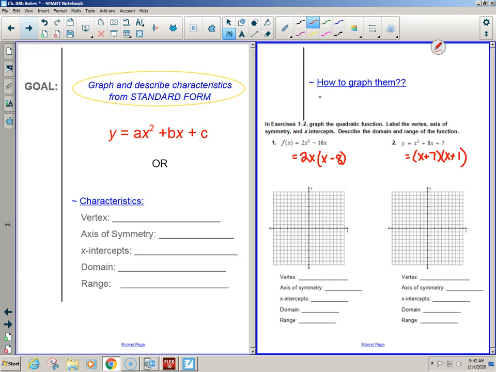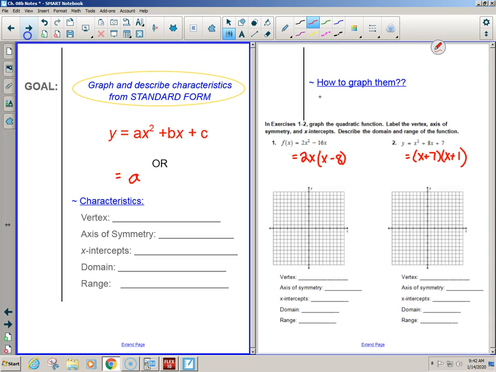Why are we factoring? Because this form's not good for graphing. I would much rather have this form. For graphing, I don't want it to look like this. I don't want it to look like last semester. For graphing, I want it to be factored, because if we could just get it factored, remember, things get easier.